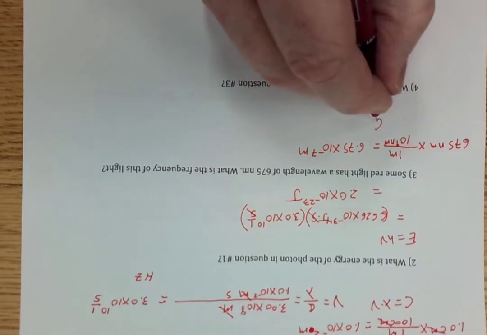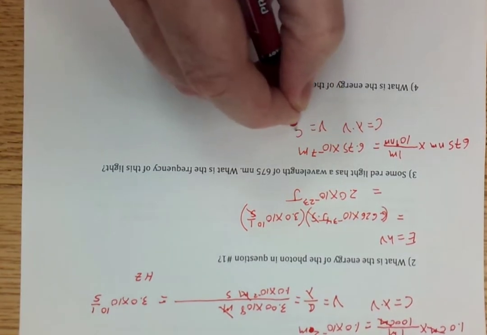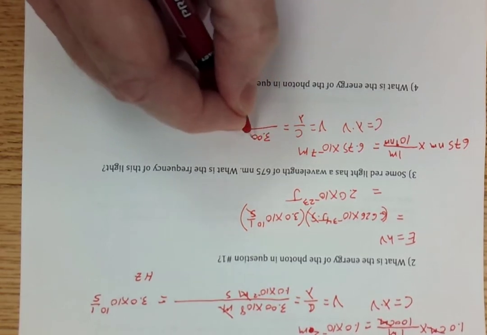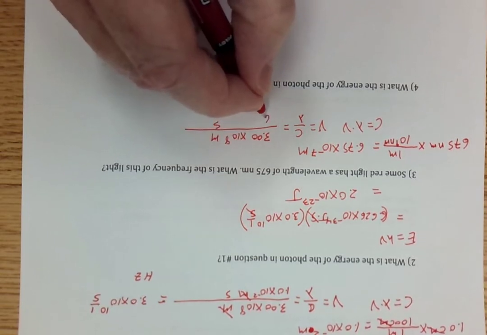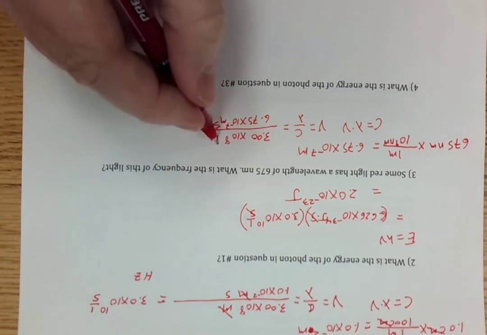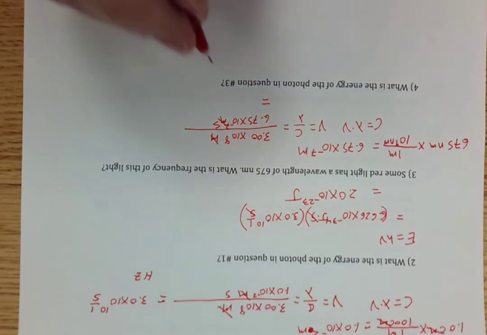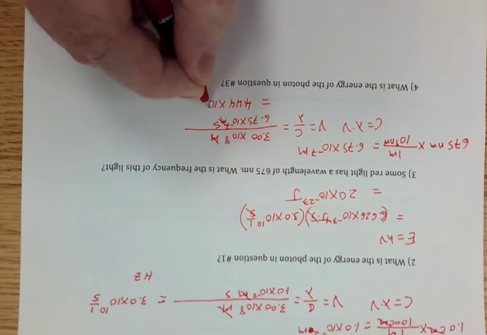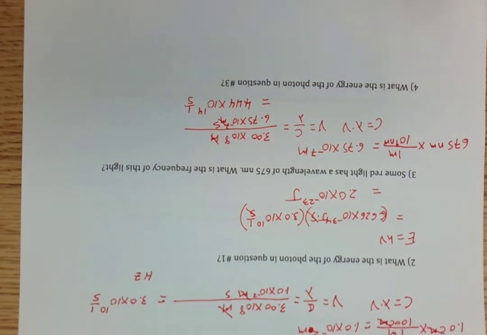Okay, if c equals lambda times nu, nu equals c over lambda, which equals 3.00 times 10 to the 8th meters per second over 6.75 times 10 to the negative 7th meters. Meters are going to cancel, and I end up getting 4.44 times 10 to the 14th 1 over seconds.